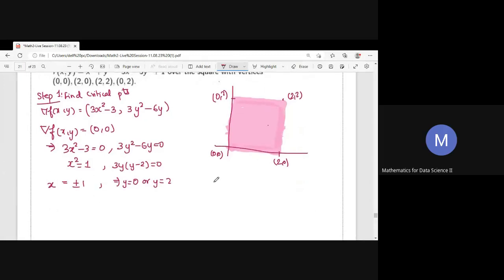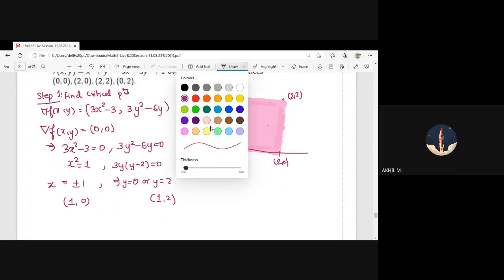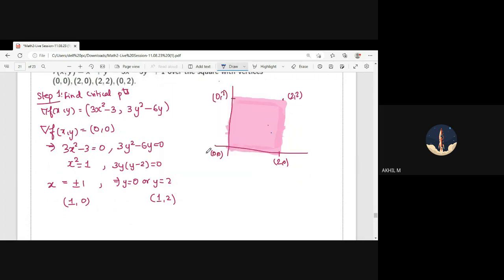But if you take x equal to minus 1, is this falling inside the domain? No. So you can consider only 1 comma 0 and 1 comma 2. These are the two possible points you can consider. Do we have to draw a graph? Not necessary.